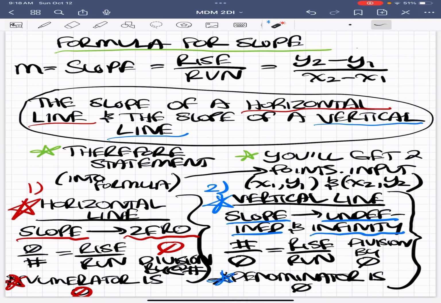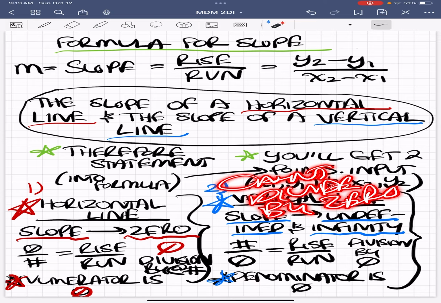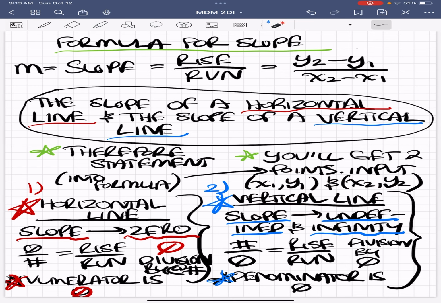So for horizontal lines, the numerator is 0, and for vertical lines, the denominator is 0, and you can't divide by 0, meaning that the slope is undefined. And again, it's rise over run, and so we're going to get two endpoints, or two coordinate points.